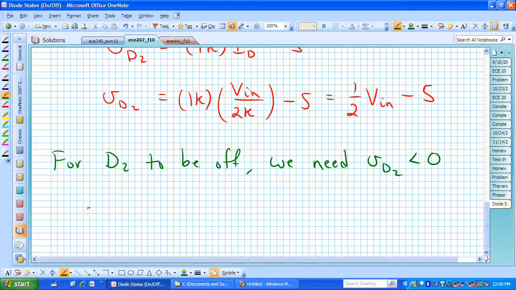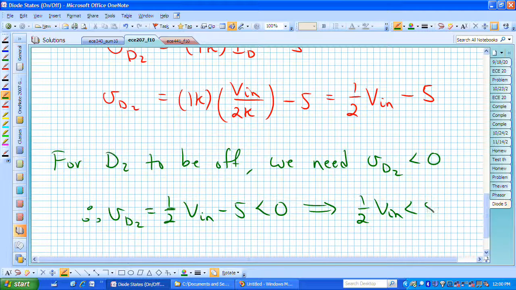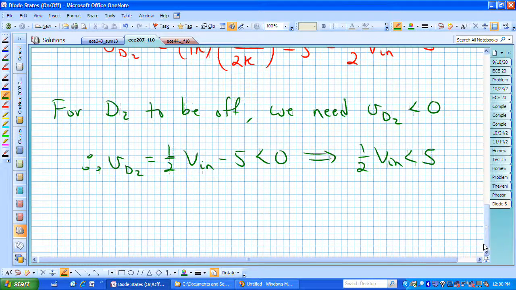If that's the case, which is 1/2 Vn minus 5 less than 0, we now have 1/2 Vn less than 5, or for this configuration to be true, we need Vn to be less than 2 times 5, or 10 volts.